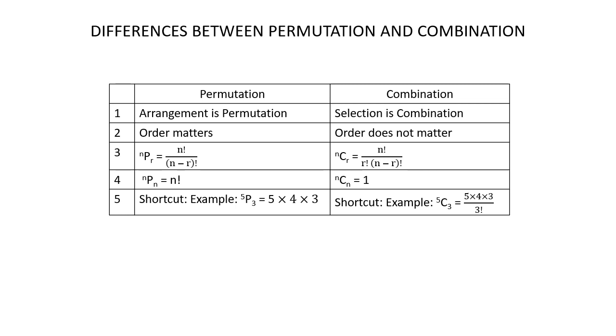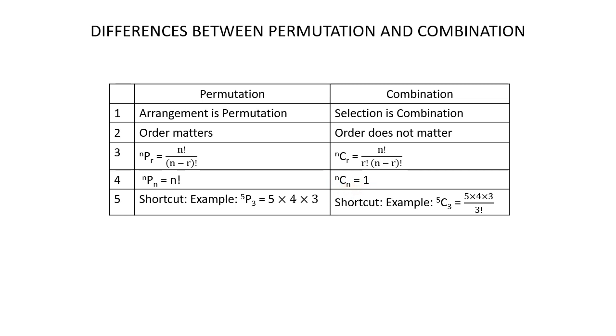Combination formula is NCR is equal to n factorial divided by r factorial multiplied by n minus r factorial. NPN is equal to n factorial, whereas NCN is equal to 1.